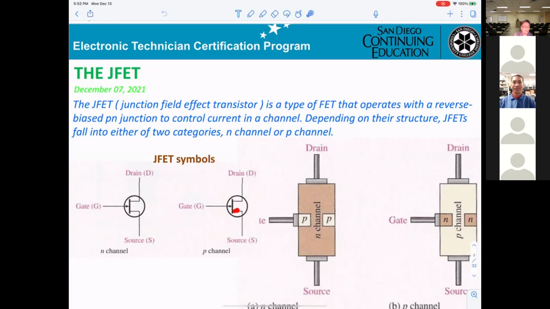Same thing, the only difference is one arrow coming in, one arrow coming out. The same as looking at a bipolar transistor, you are able to recognize whether it is an NPN or PNP.